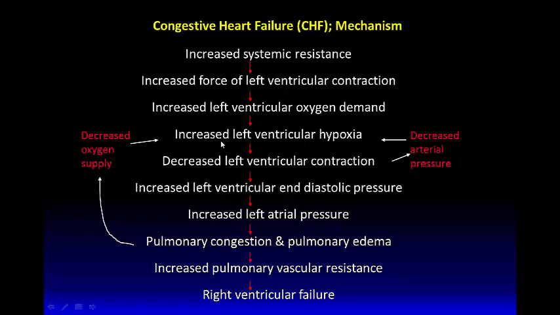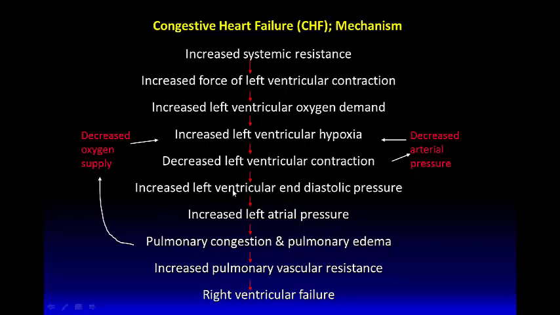And when this happens, the result would be decreased left ventricular contraction, thus increased left ventricular end diastolic pressure, because blood would accumulate in the left ventricle because the left ventricle would not be able to eject adequate stroke volume.